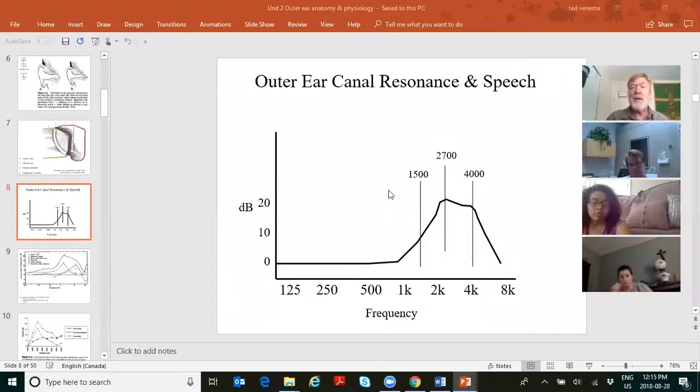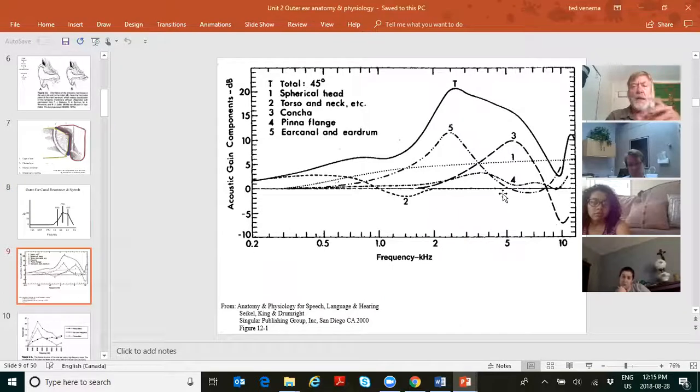And a lot of people have a lot of detail with it. I'm never going to ask you this, but look, the concha bowl is going to resonate high. Look at number 3, concha, between 5 and 6,000 hertz. And the ear canal and eardrum are going to resonate with a slightly lower frequency. When you add all the pieces and parts together, you're going to get this T for total.